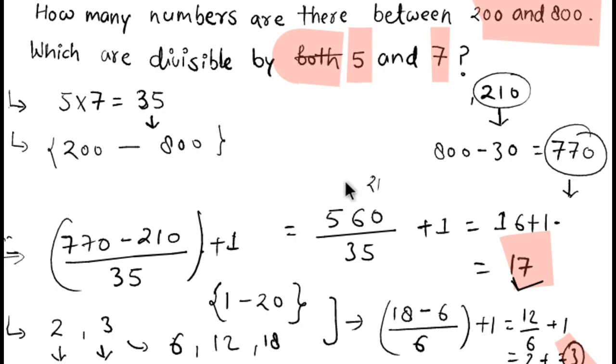In that case, the numbers divisible by both 5 and 7 also come, and extra numbers come which are divisible only by 5 and only by 7. How do we find that? If you know, you can tell us in the comment section, or if you want to know, you can also ask in the comment section, and I will make a video on that question also.